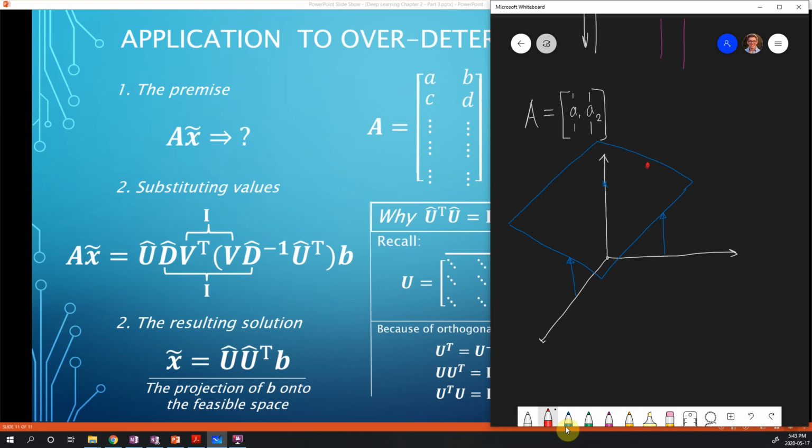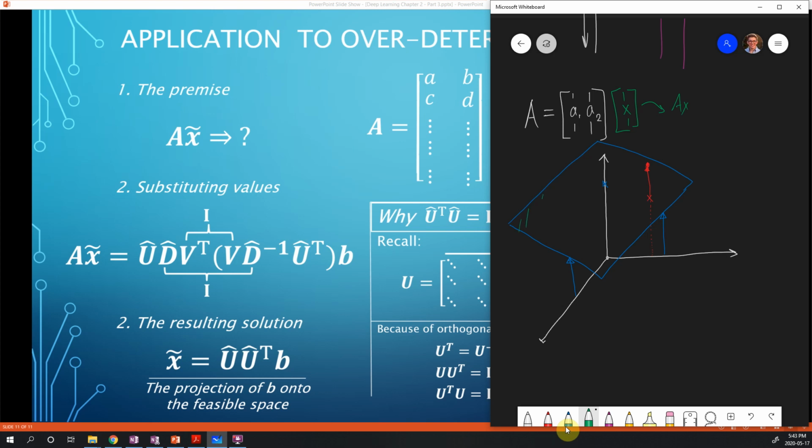So let's say that our vector B is actually up here. And if I just go straight down from the axis, let's say that this is actually above our plane. So it's not on our plane, it's above it. Now the problem is that, as we just mentioned, any vector you multiply by A will inevitably yield a vector that's within the subspace.